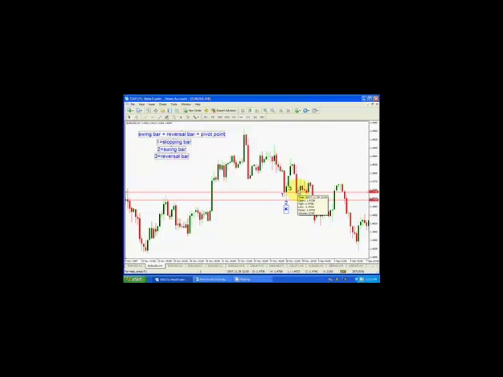And so now here on this particular trade, if we had entered on the open of the swing bar, then price fell probably about 12 pips below the entry price. So I can't get this line like I want it.